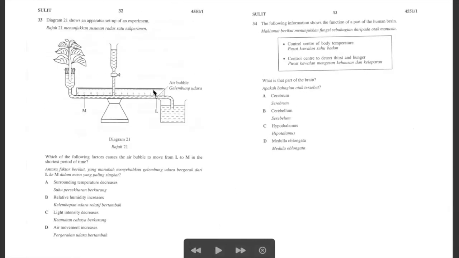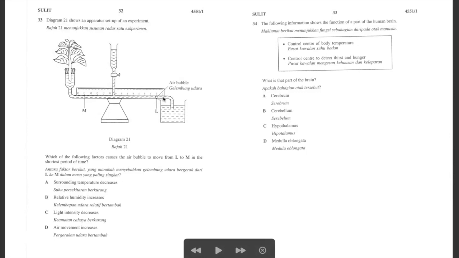Okay, 33. Ni apa ni? Which of the following factor cause the air bubble to move from L to M? So this is a process where photosynthesis will happen. Okay, so bila berlaku photosynthesis, kita tahu pokok ni akan menggunakan air, betul tak? Bila pokok ni menggunakan air, mestilah adanya pergerakan air.